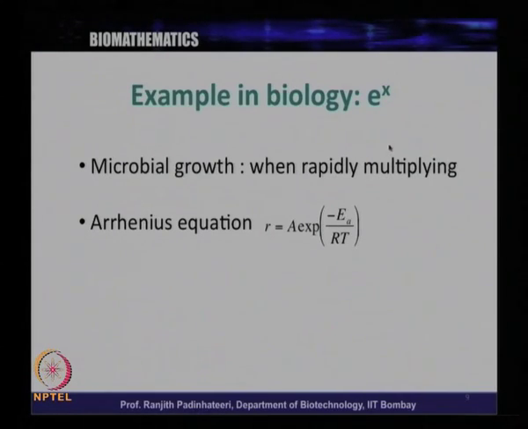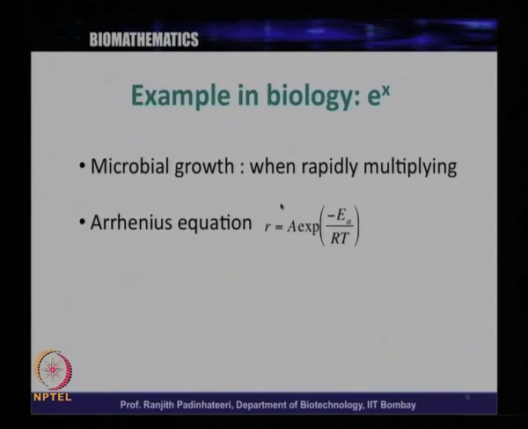But in the log phase, the number of microbes is growing like e power x. In the Arrhenius equation, we have seen R is equal to a e power minus activation energy E A divided by R T, where T is temperature and R is the universal gas constant. So this is another example where the exponential function is seen in biology.